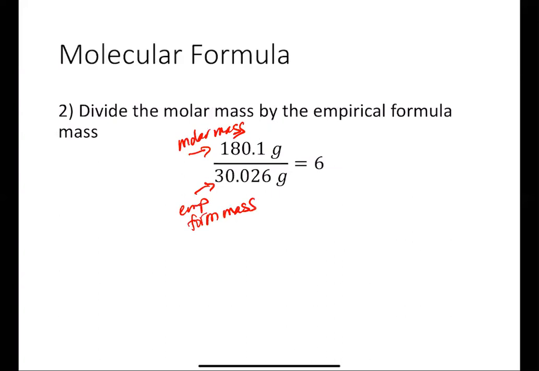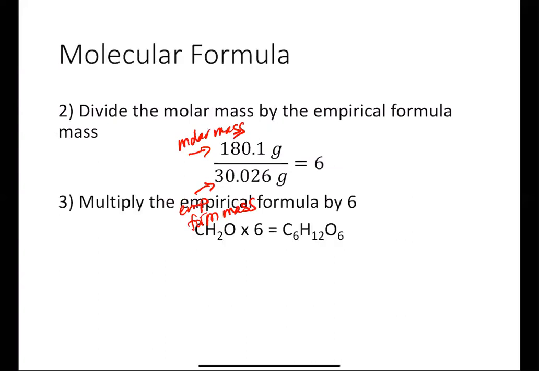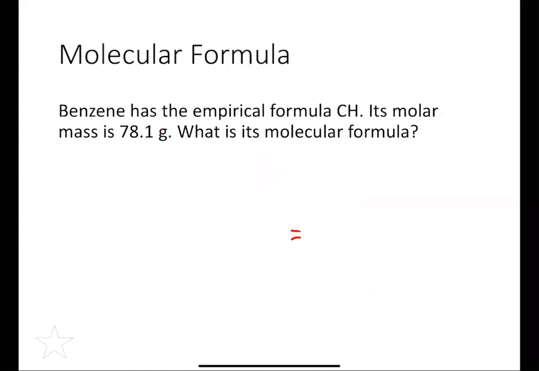When we do this, we get 6. So we had CH2O, and now we multiply that by 6. We get C6H12O6. That's how we get a molecular formula from an empirical formula.